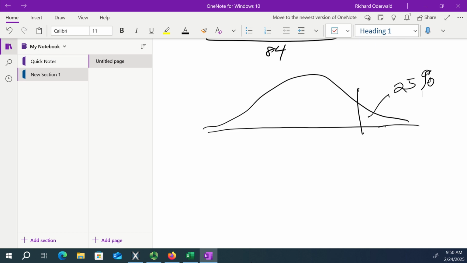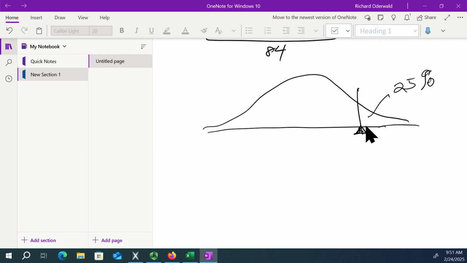What do I have to put in INV to get this number right there? If I put in 0.25, what's it going to give me? It's going to go here. All it can do is come from here and go up.